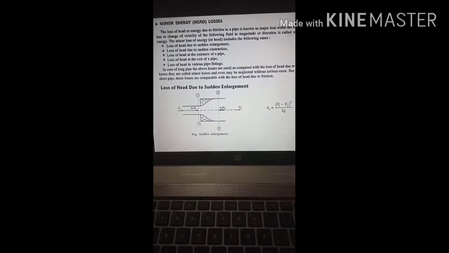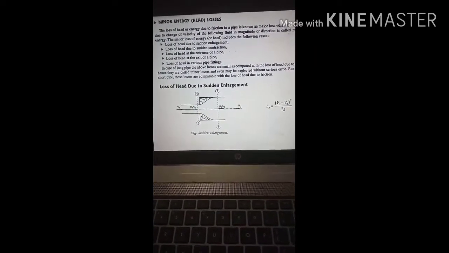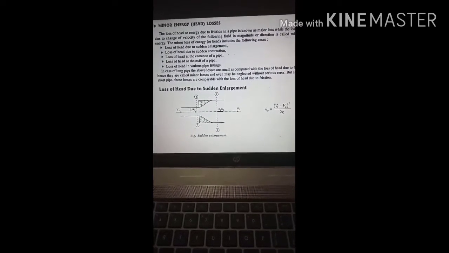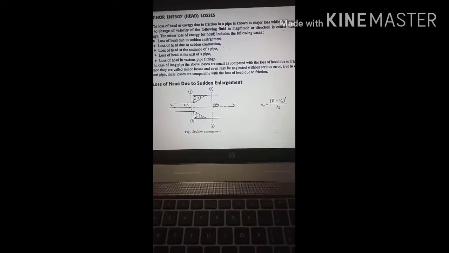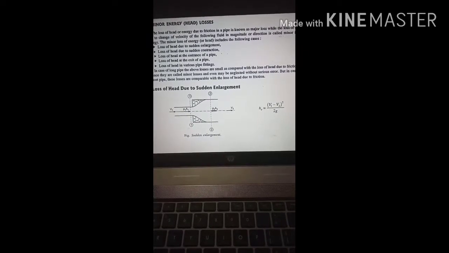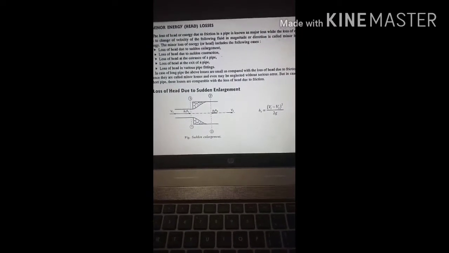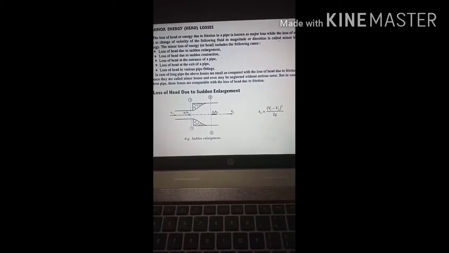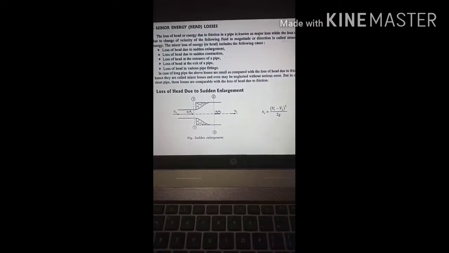So there is a kinetic energy loss across this, and that is given by he = (V1 − V2)² / 2g. Remember the formula for loss of head due to sudden enlargement or expansion as he = (V1 − V2)² / 2g, where V1 is the velocity in the smaller pipe and V2 is the velocity in the larger pipe.